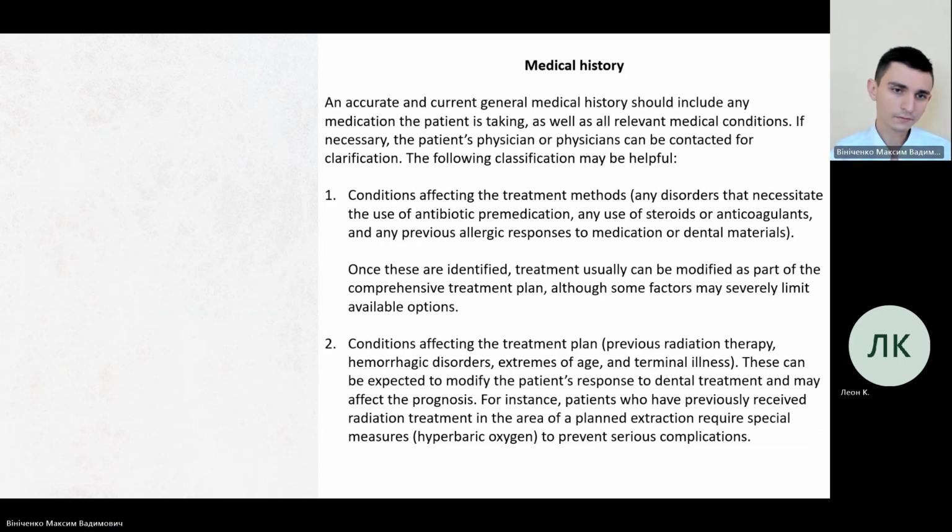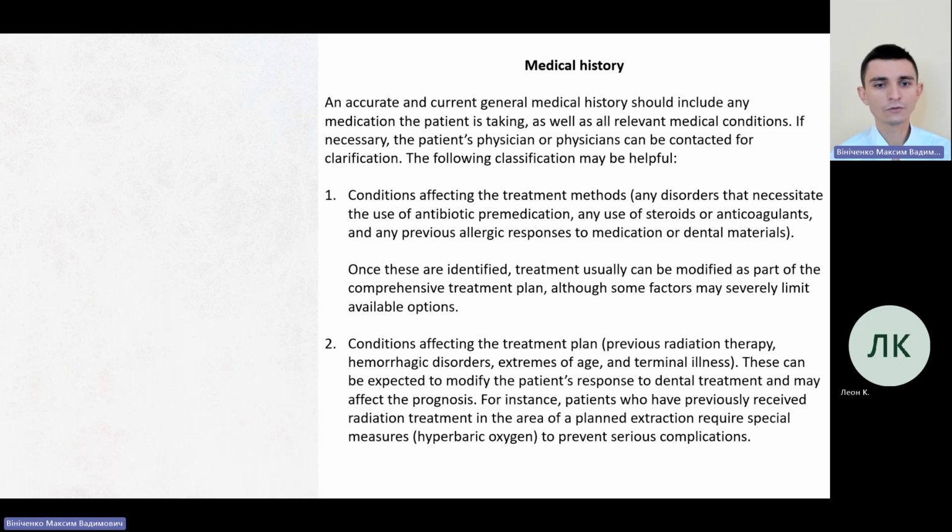Medical history. An accurate and current general medical history should include any medication the patient is taking, as well as all relevant medical conditions. If necessary, the patient's physician or physicians can be contacted for clarification. The following classification may be helpful.